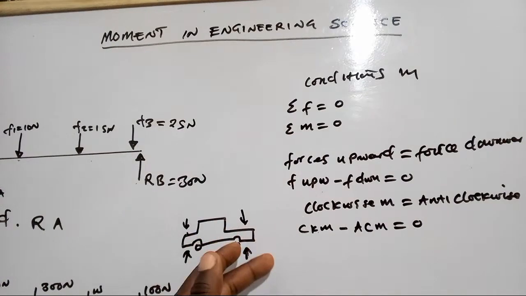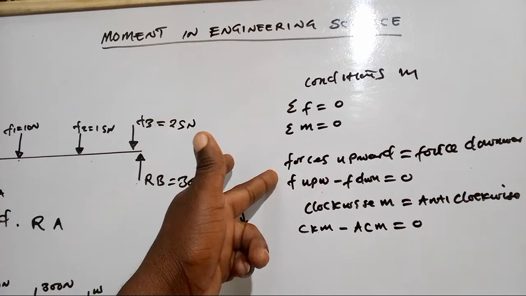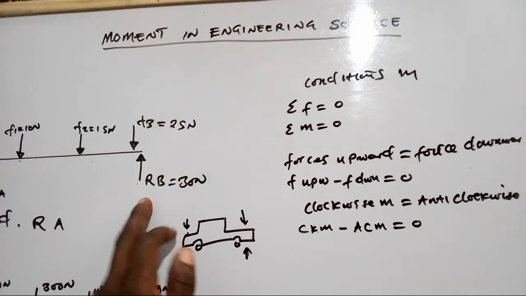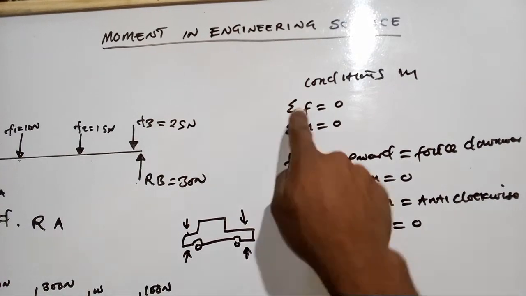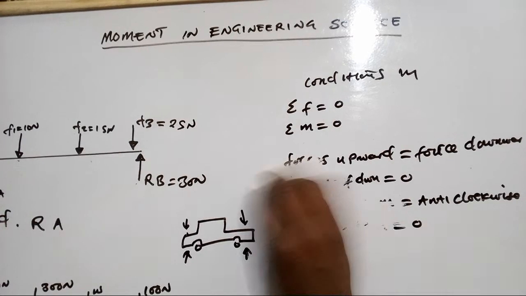For this question, we can take the first part, the sum of forces, because we have the forces acting upward and the forces acting downward. So let's take the first condition to solve this question.